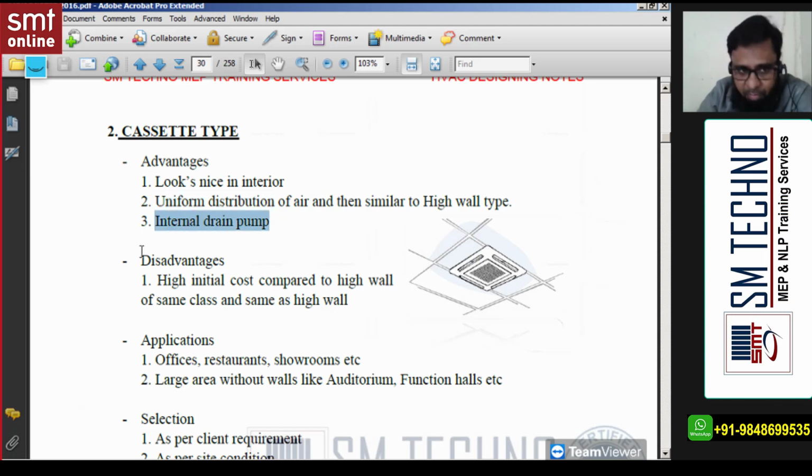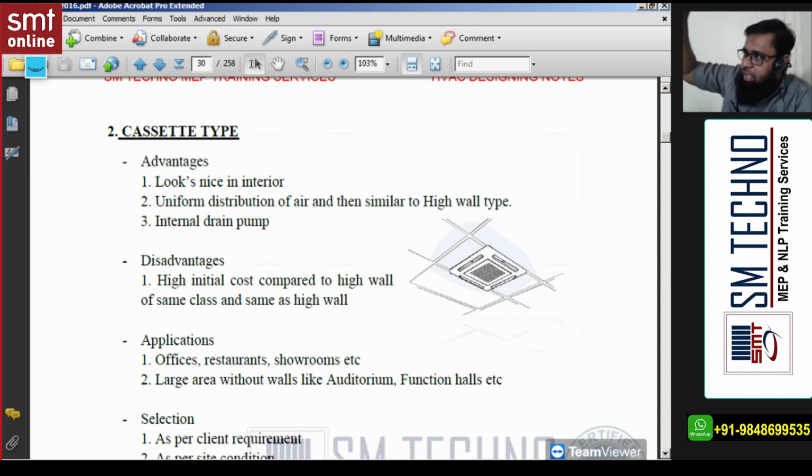Next, with internal drain pump. One more advantage you can add here, point number 4: fresh air can be added, meaning we can provide ventilation. You see, this panel is below the false ceiling and the unit is above the false ceiling.